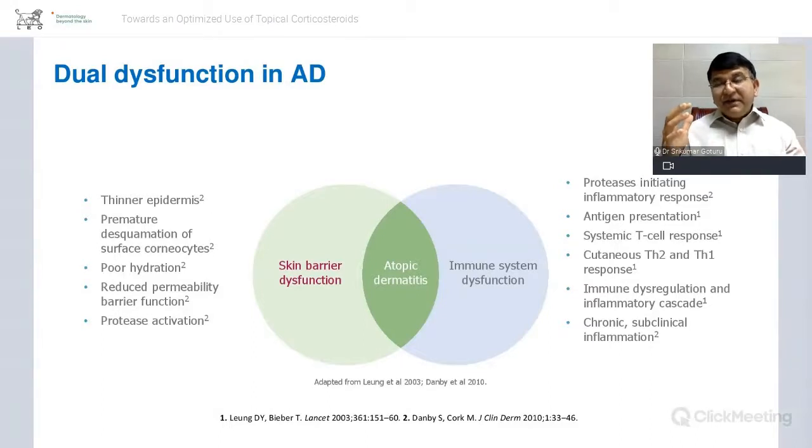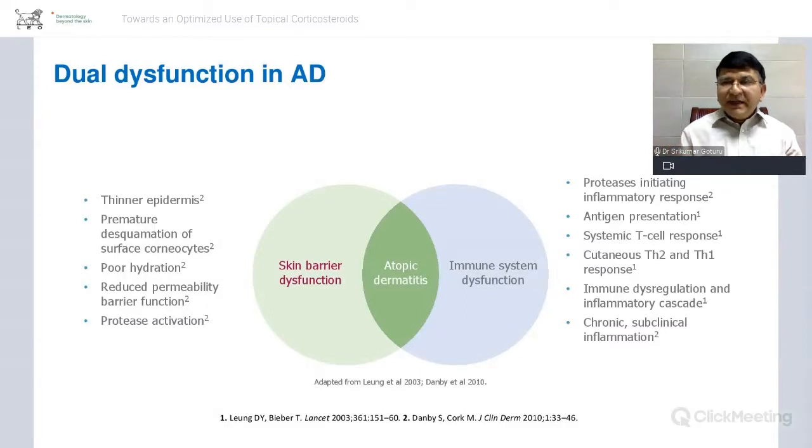The number of genes and the loci which actually contribute to atopic dermatitis seem to be quite huge. Not only are genetic loci found in genes which determine the epidermal barrier, but also genes which determine the immune mediatory response, which tweak it more towards the Th2 response, are very important in atopic dermatitis.